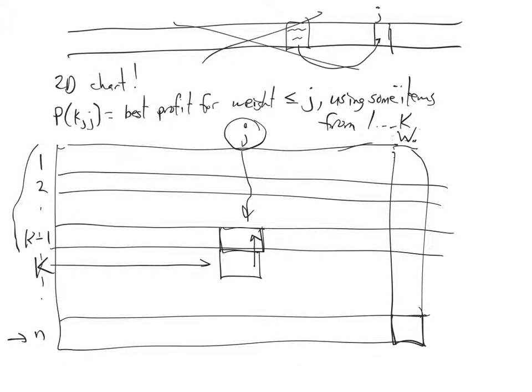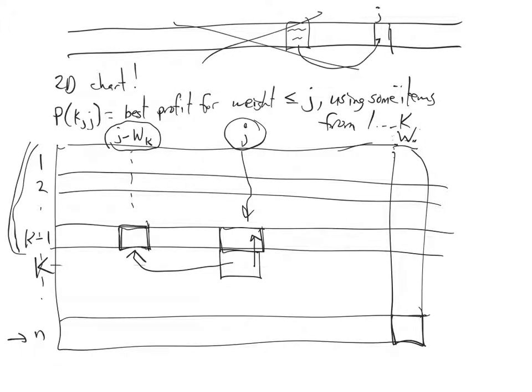I'm going to erase this now that you've had it to look at for a while. I want to draw my arrow underneath it. The other possibility is to go over here. Over here is column J minus W sub K. What does that say? That says this cell contains the best way to make a weight of J minus W sub K using items 1 through K minus 1.